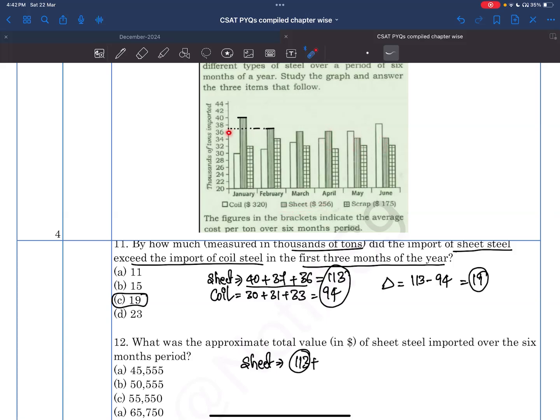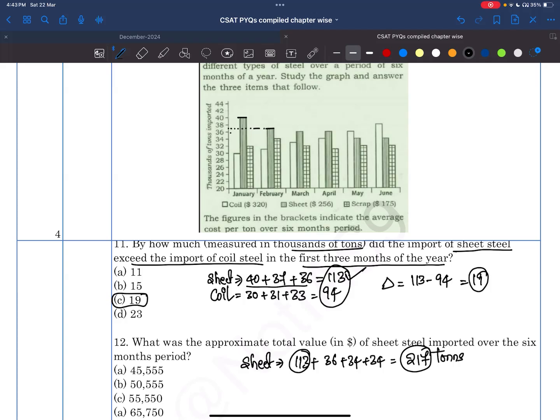Okay. If this is 36, right? This is what? 34. Okay. This is also 34. That means we already got 113 here. This 113 plus 36 plus 34 plus 32. What is the total? 270. Right? This is tons only.